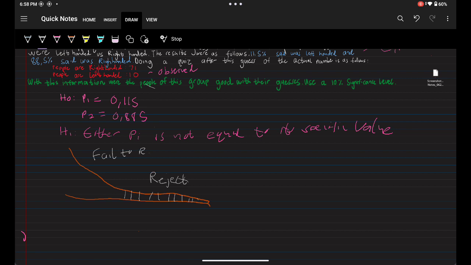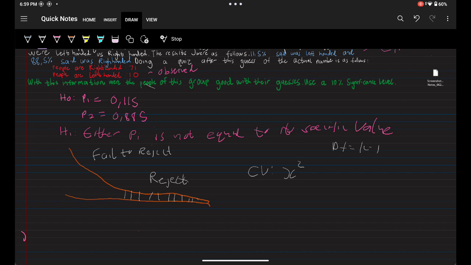But now you must ask yourself, what is this critical value? To find it, we have to use the tables. Chi-squared, and to write this down, you write the degrees of freedom here. The degrees of freedom is equal to k minus 1. You did this last year. K represents the number of categories.